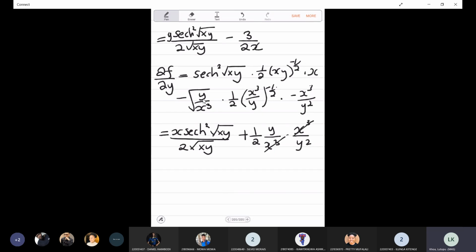So the x cubed will cancel, and this y will cancel with that one, and you'll be left with 1 over 2y. So our final answer: x sech squared of the square root of xy over 2 square root of xy, plus 1 over 2y.